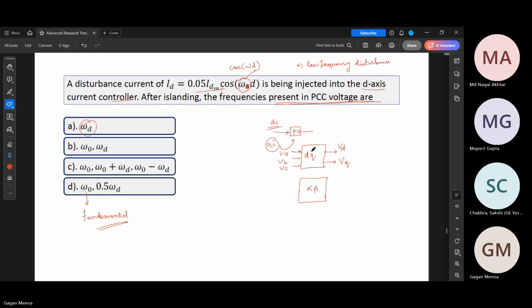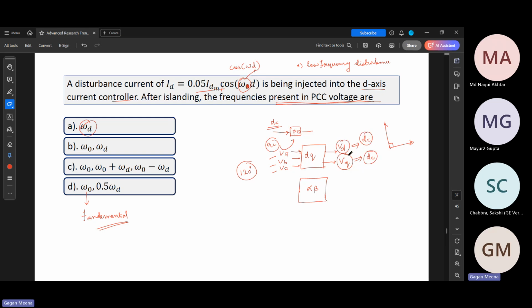The ABC are sinusoids, 120 degrees apart, or even unbalanced, but these are DC quantities, constant values, because D and Q are 90 degrees with respect to each other.